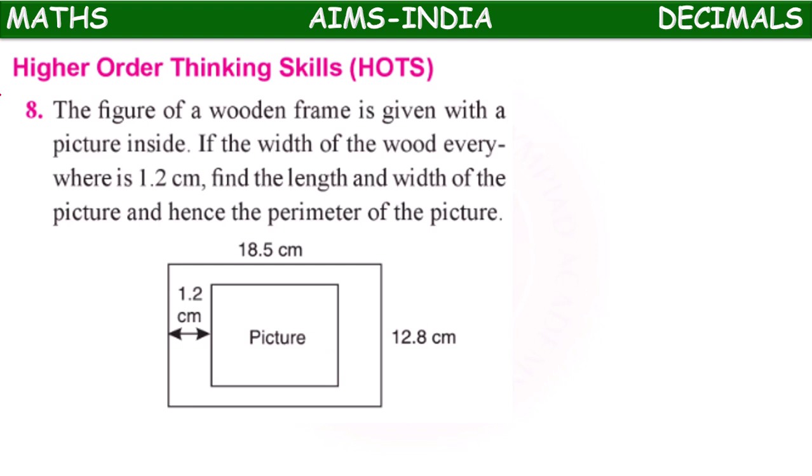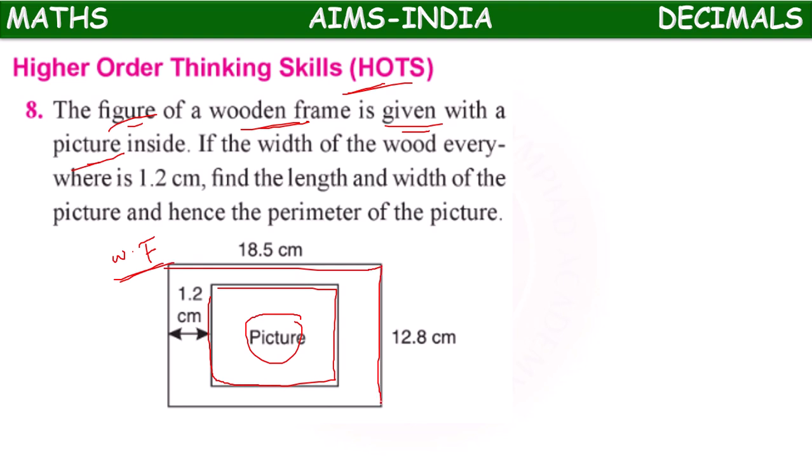Next. So one hearts question, children. So the figure of wooden frame is given with a picture inside. This outside we have wooden frame. In that, this is the picture. And this is the wooden frame around the picture.